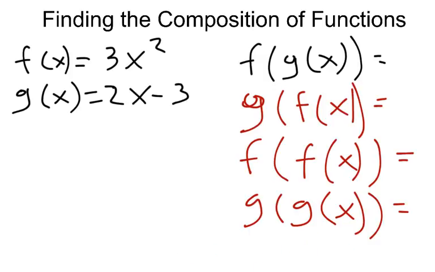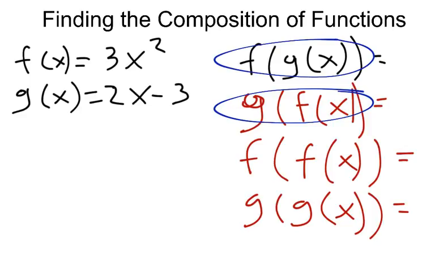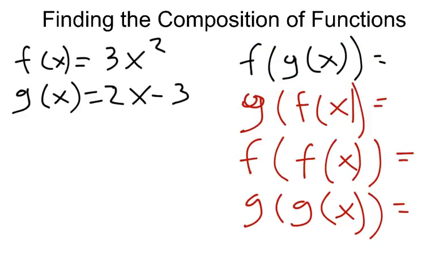That's just to show you how to read those. For now, we're probably going to do f of g of x, which is the first one, and probably the second one. It doesn't matter which ones we do. The process is the same for all of them.